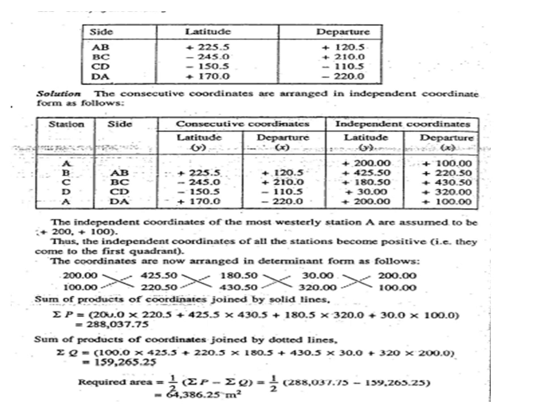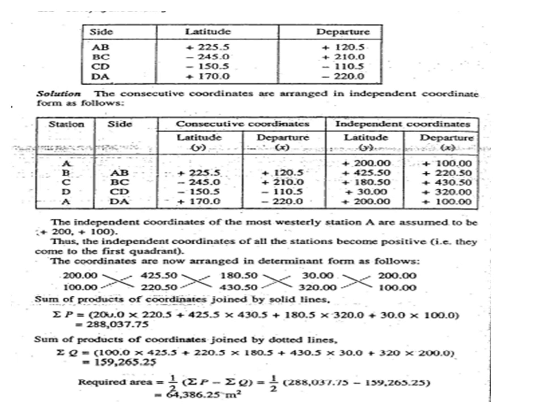So starting with 200, in order to calculate the independent coordinate for the line AB, we are going to consider what is the latitude value of the AB line. So latitude of A plus latitude of AB gives you the independent coordinate of line AB, that is 425.5. 200 plus 225.5 gives you 425.5.